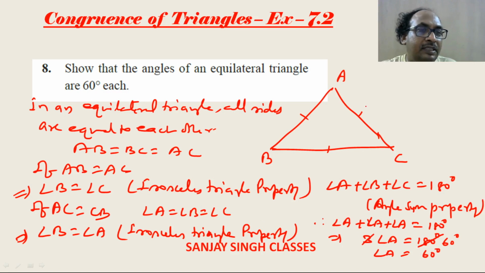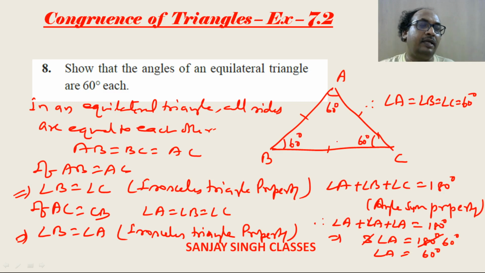So all angles, angle A, angle B and angle C, are 60 degree. All angles are 60 degree in an equilateral triangle.